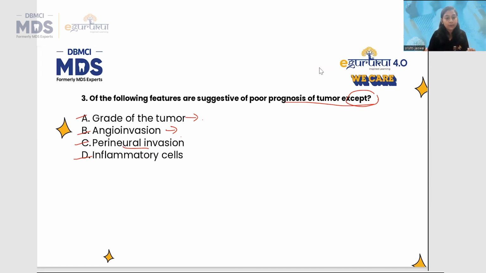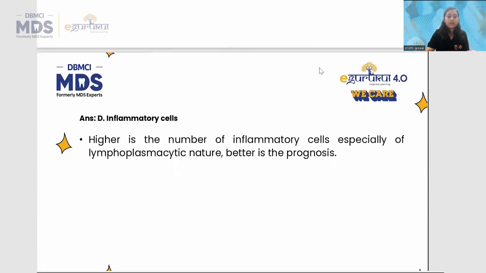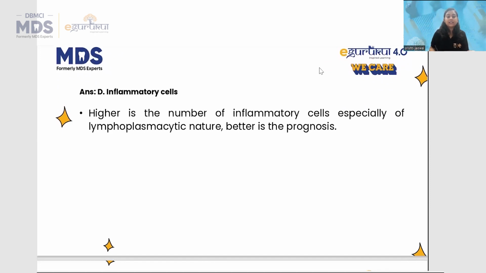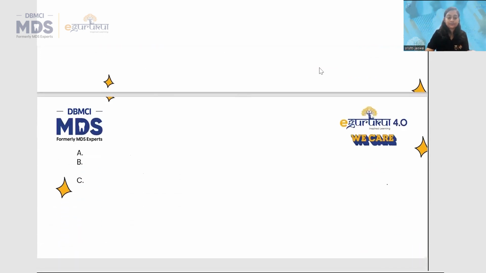Obviously it will have a poorer prognosis. So which option is left? It is inflammatory cells. So the answer here is inflammatory cells. Higher the number of inflammatory cells, especially of lymphoplasmacytic nature, better is the prognosis.